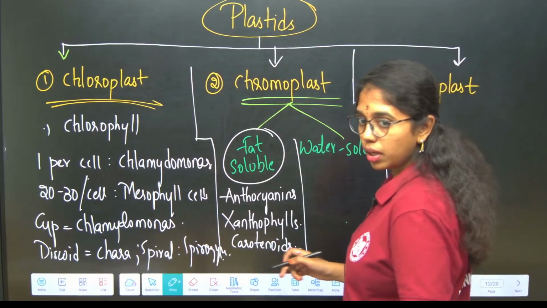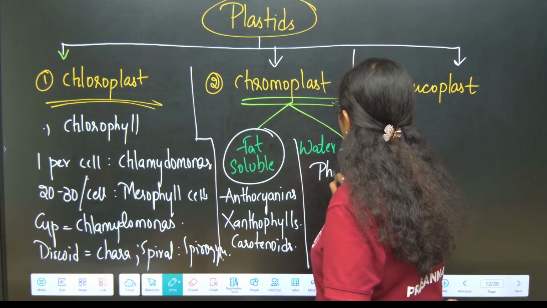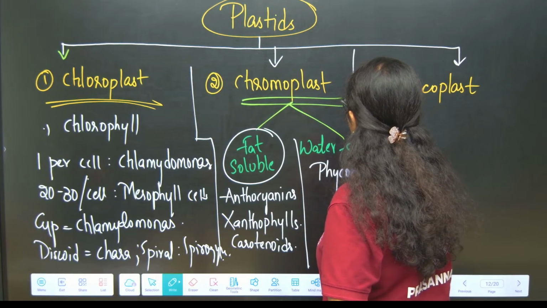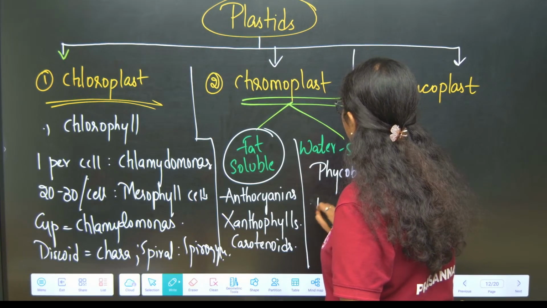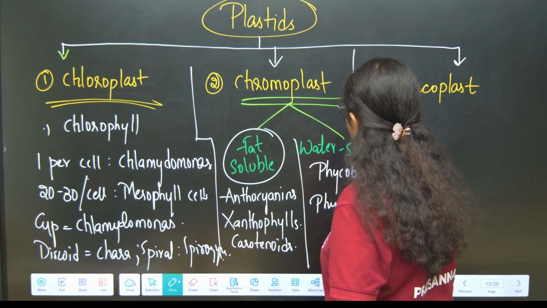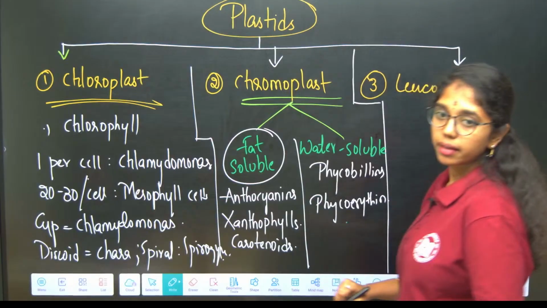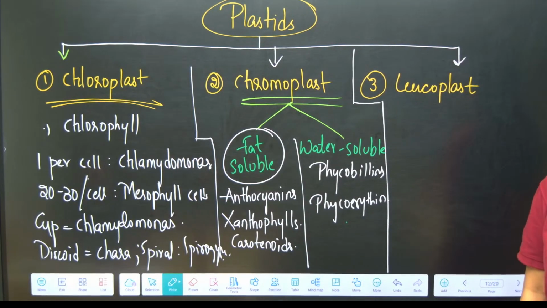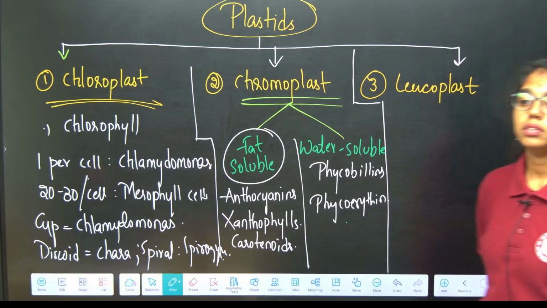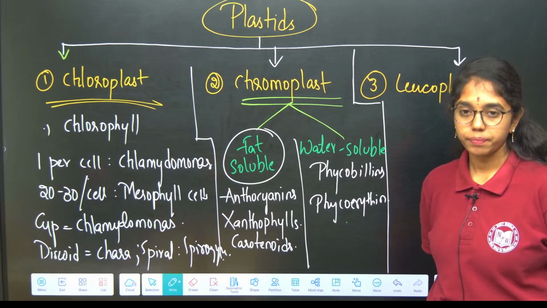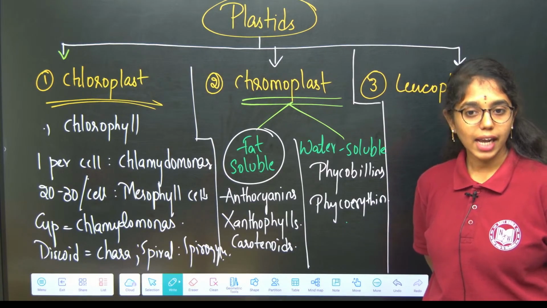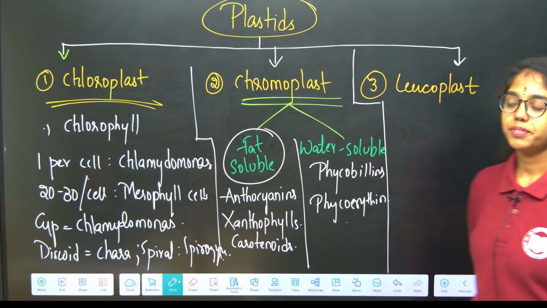Any doubt? R phycoerythrin you will see in which algae? Red algae. Good. Examples of red algae? Porphyra, Polysiphonia, Gelidium, Gracilaria. Good.